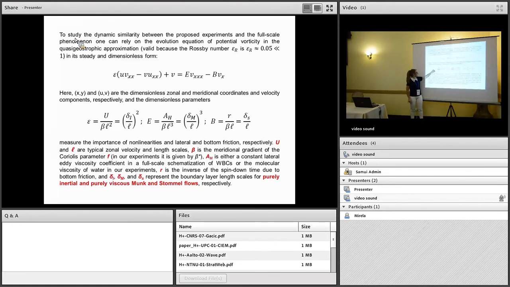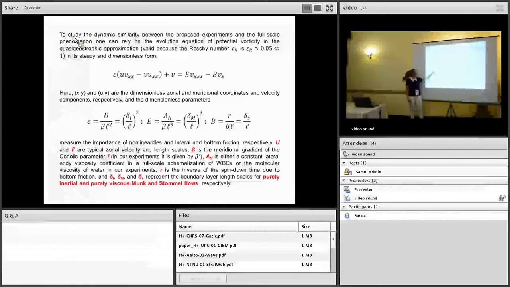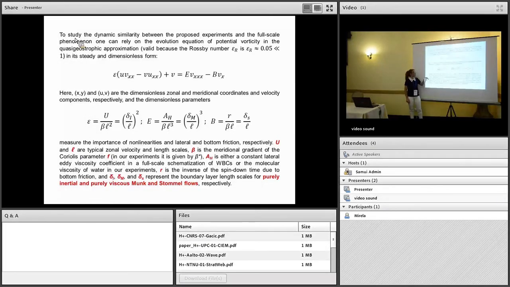And we are able to produce scale 1 for this parameter, and in the experiments, this parameter is 2 or 3 orders of magnitude larger than these other two non-dimensional parameters, which express the strength of the lateral and the bottom friction.